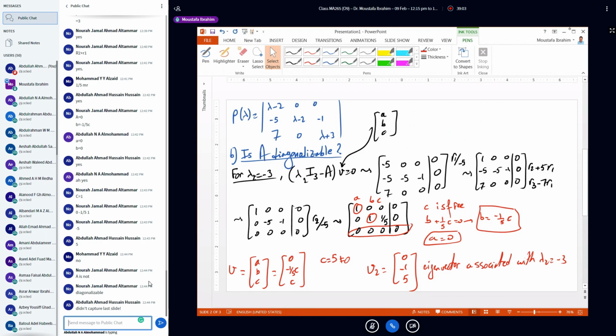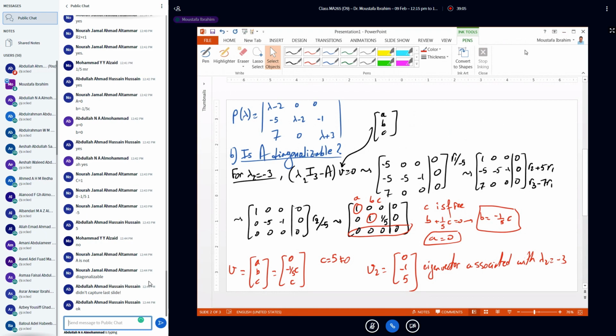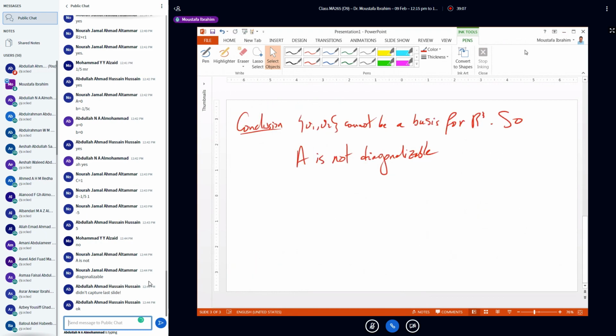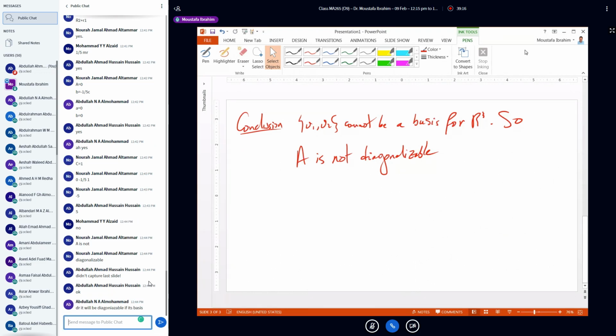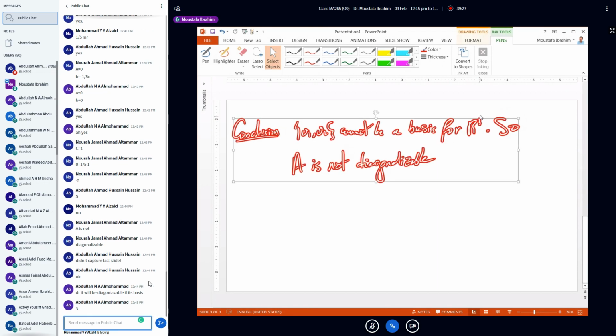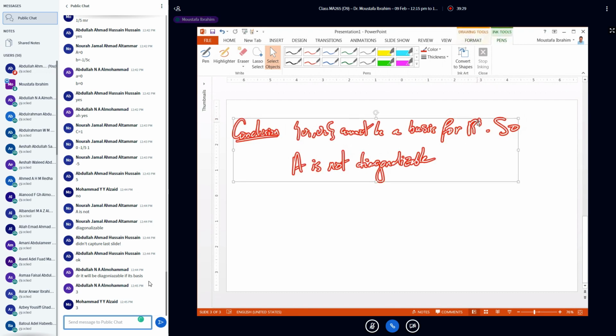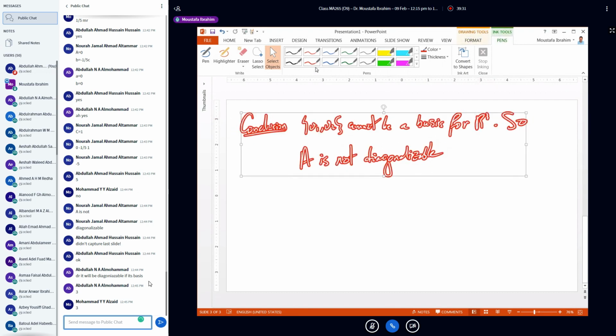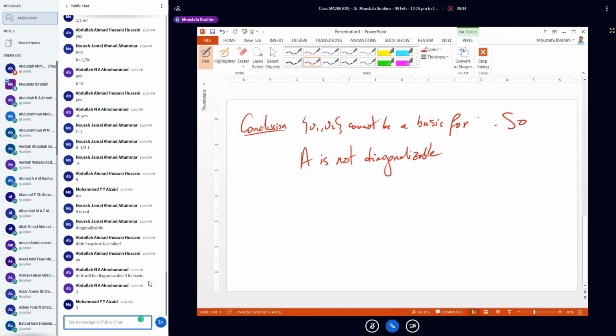A is not diagonalizable because to be diagonalizable, we need the eigenvectors to form a basis. But here with 2 vectors it's impossible, because for a basis of R3 we need 3. Very good. So here we have only 2.